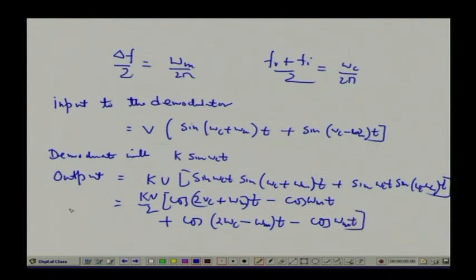So, when this signal is passed through a low pass filter, the output I will get is k v by 2 cos of omega m t.